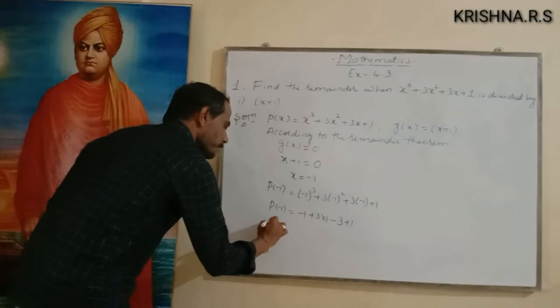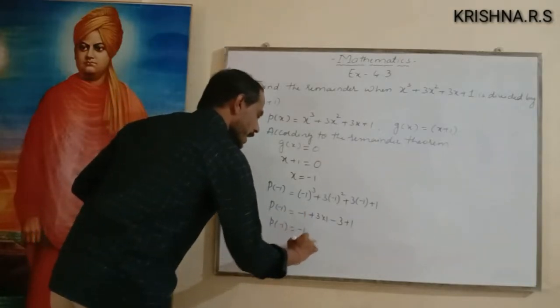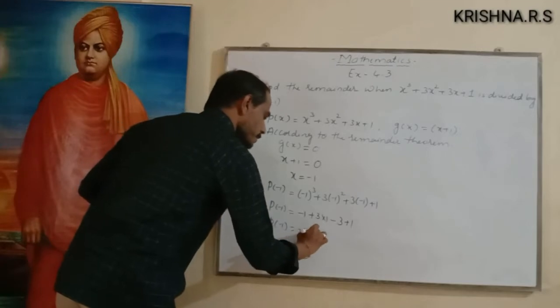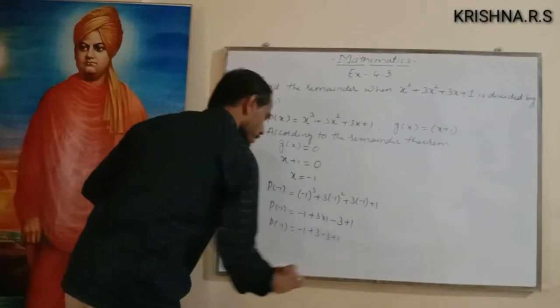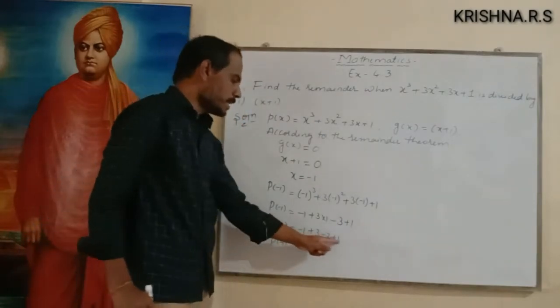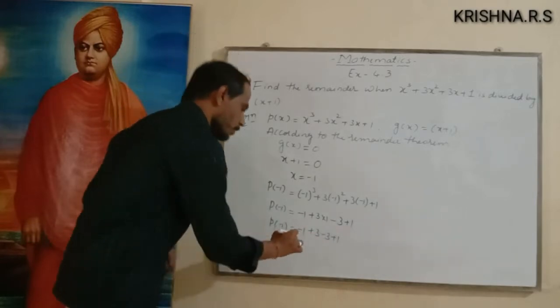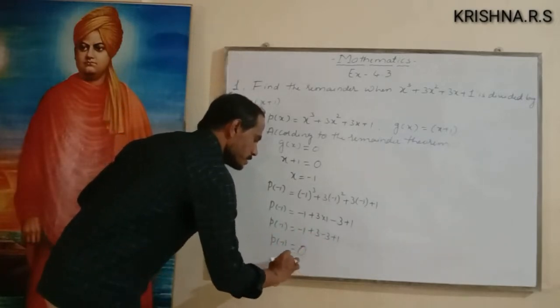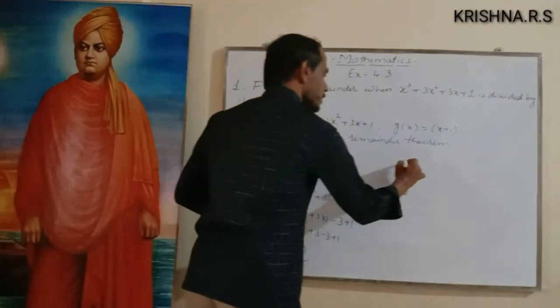Next, P of minus 1 is equal to minus 1 as it is, minus 3 plus 3, plus 1. Simplify, students. Minus 1 plus 1 is 0, plus 3 minus 3 is 0, then the total value is 0. Okay, then what is the remainder?